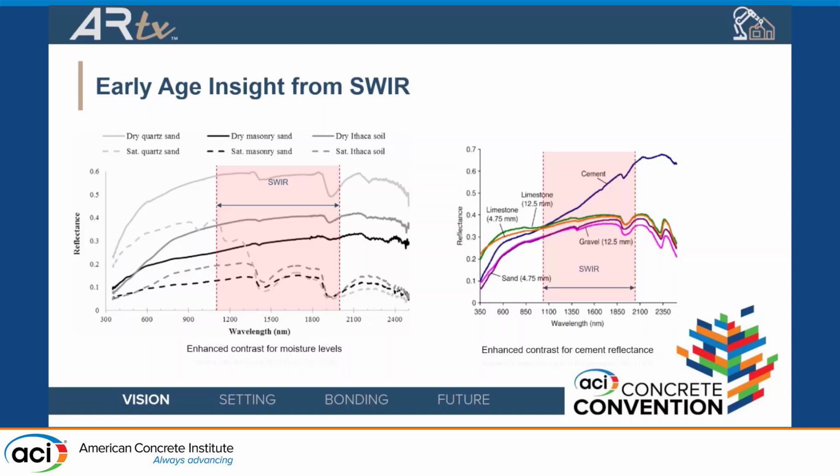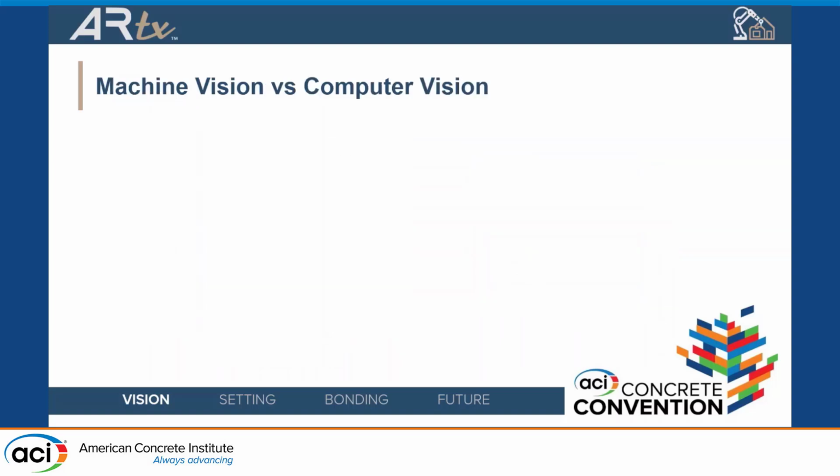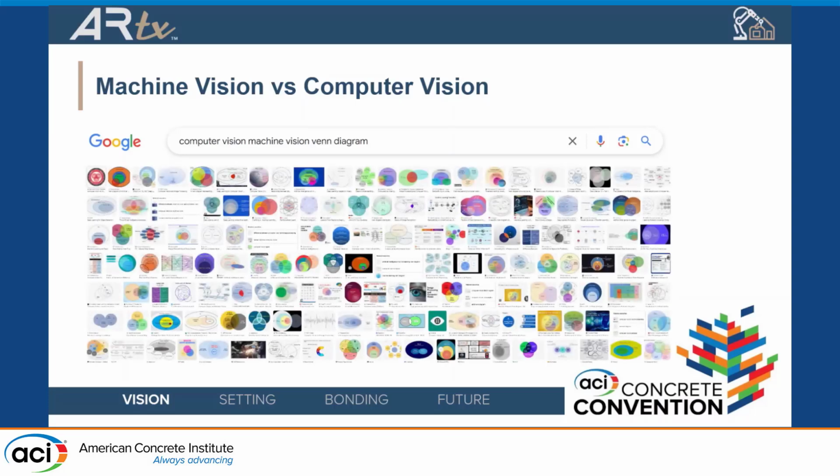So we have some pretty fertile ground here for using machine vision to watch the behavior of concrete. Machine vision and computer vision, again, a terminology catch that I'll just spend a minute on. Depending on who you ask, you will get a lot of different definitions. If we ask Google how these match up in a Venn diagram, you'll see every possible Venn diagram you could think of, because depending on the industry, the way they use these terms changes.